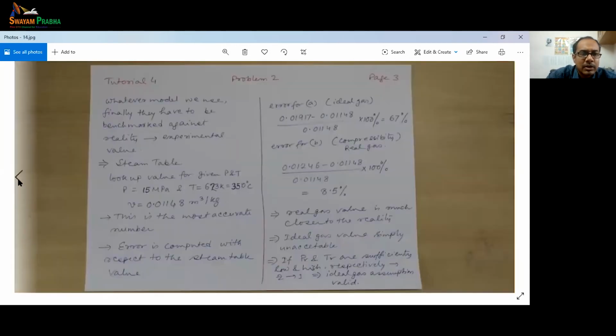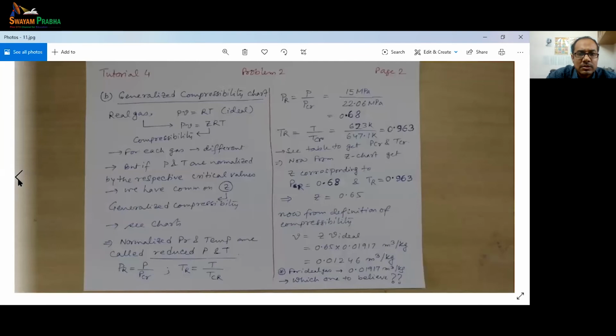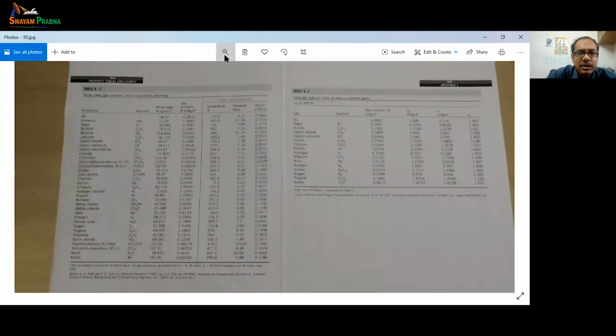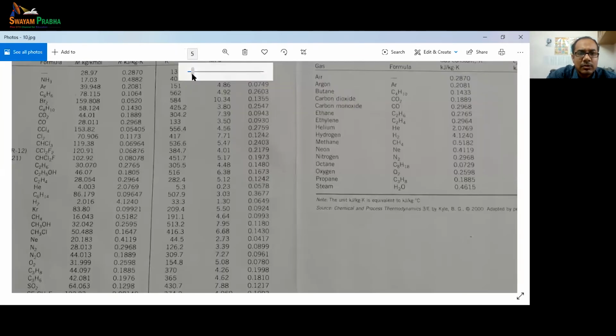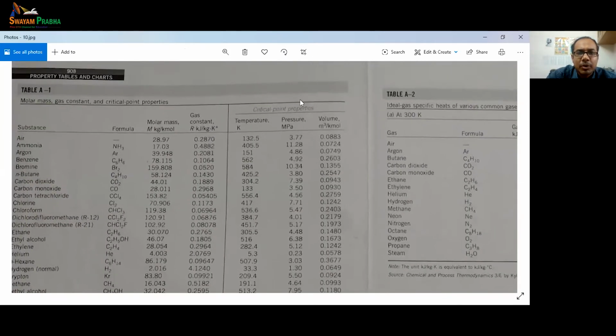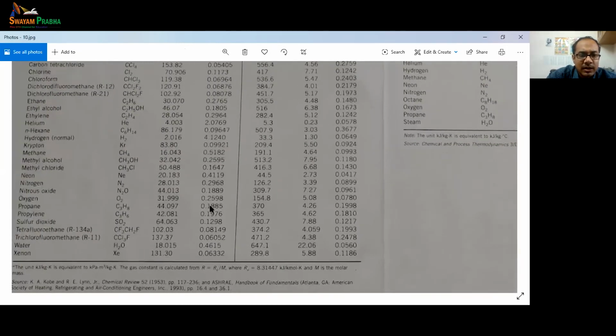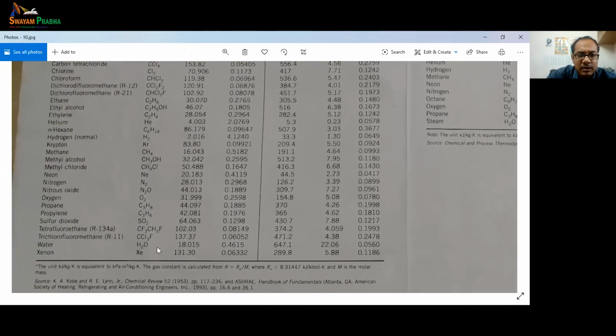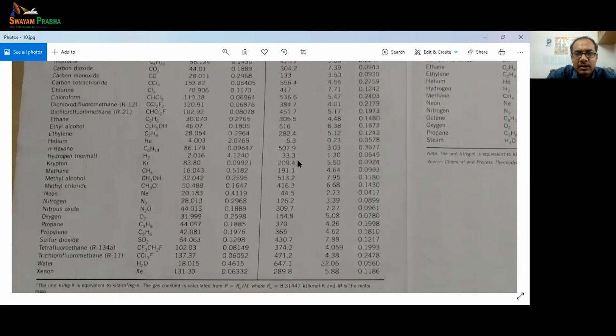Not here, let me show this here. This is the chart that we have here. On the right hand side, you can see these critical point properties are listed. We need it for water, so this is the water row. The pressure is 22.06 MPa and the temperature is 647.1 Kelvin.